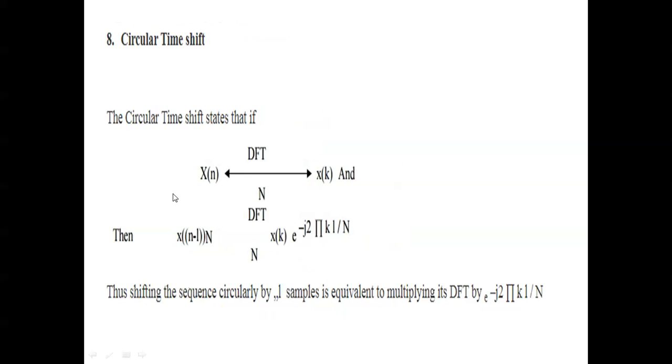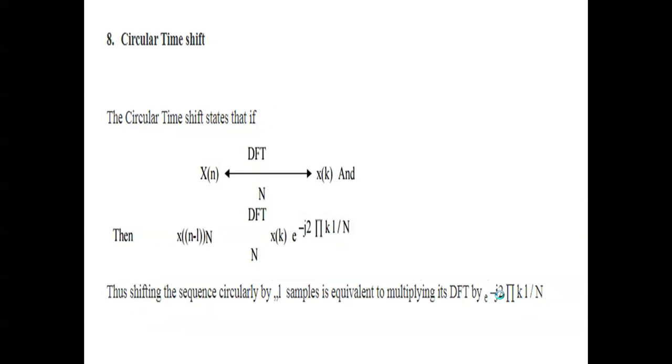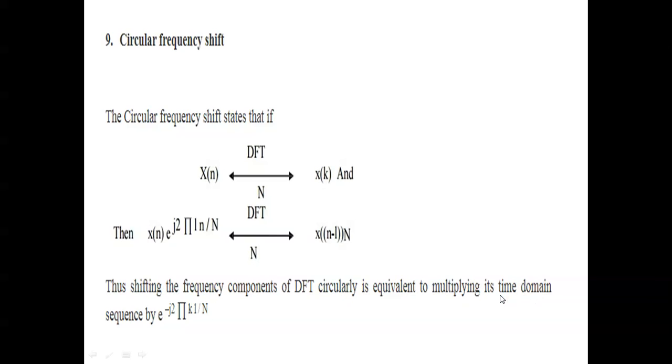And circular time shift. The circular time shift states the following equation: x of n minus l gives X of k e power minus j 2 pi k l divided by N. So shifting the sequence circularly by l samples is equivalent to multiplying its DFT by e power minus j 2 pi k l divided by N. And circular frequency shift: previously we saw time shift and this one is frequency shift.